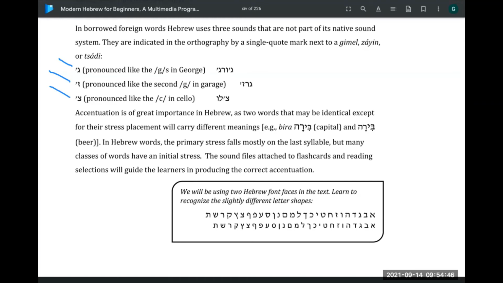So what this does is it makes it, instead of a hard g sound, it's j, like George. And instead of a z sound, it's garage. You hear that last part? It's more of a zh sound. It's because of that little mark they put here.